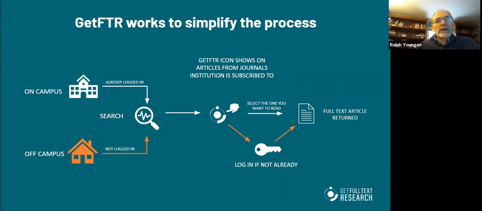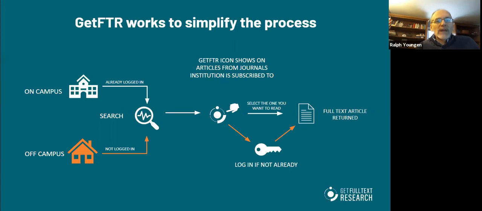The publisher is free to determine whether the publisher wants that full text content to be a PDF or an HTML or an EPUB or whatever. That's a publisher decision. But we do say that the publisher has to serve the content directly to the user and not put up any interstitial pages in response to a GetFTR link. So that was the white arrows if you're on campus.